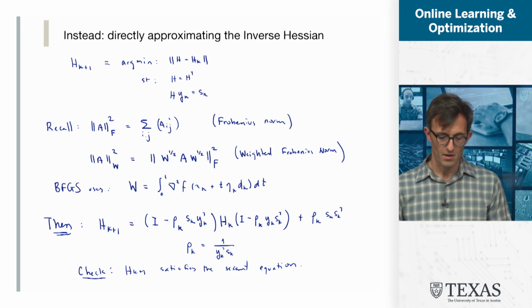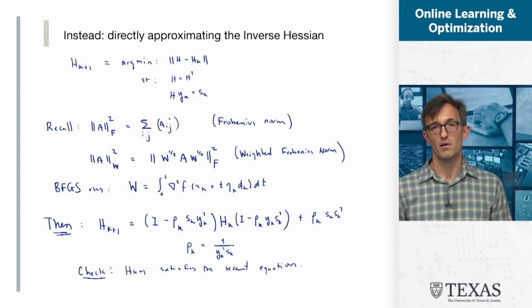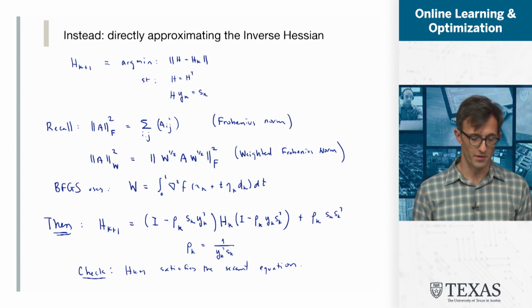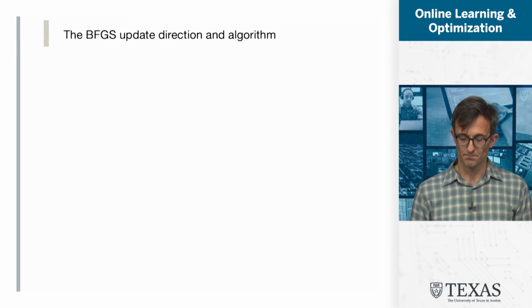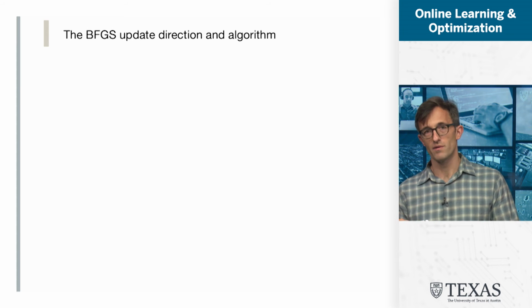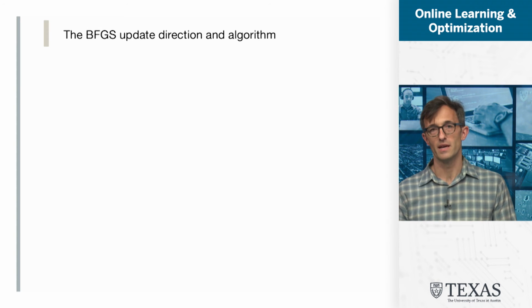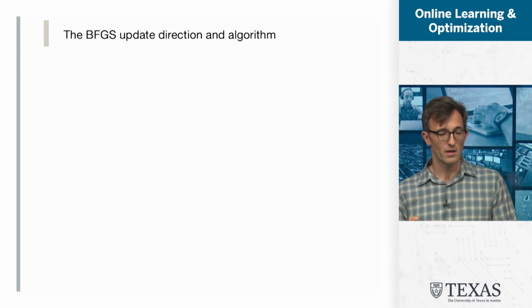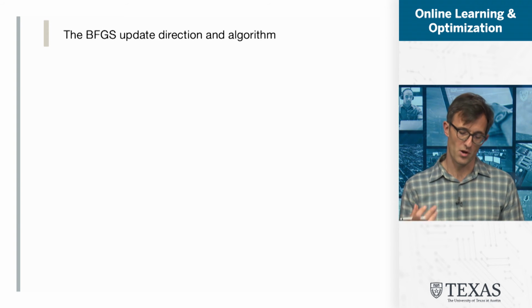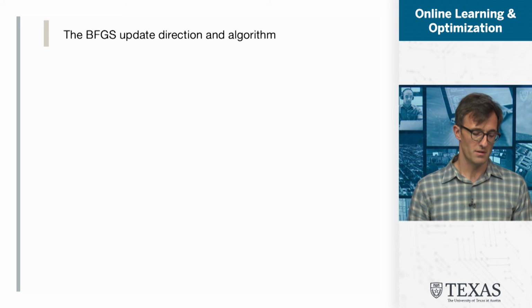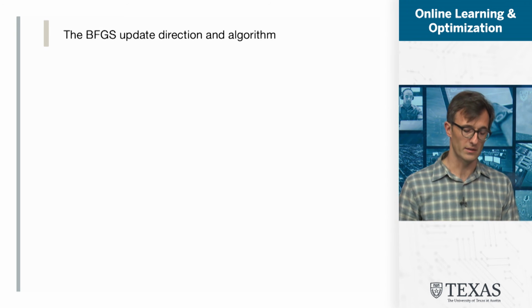So now we've said how to get Hk plus 1 from Hk. We're ready to give the BFGS update, and we'll only need one other thing, which is to say how do we choose a step size. I've promised you that we're going to come back and talk about the specific flavor of backtracking line search.